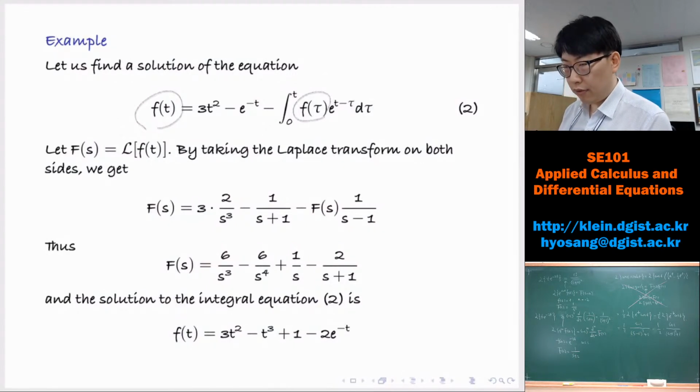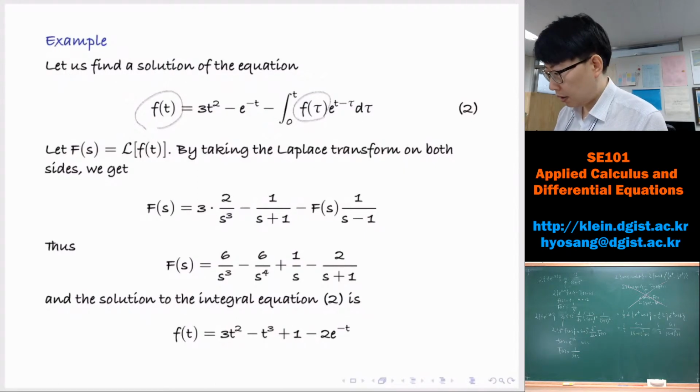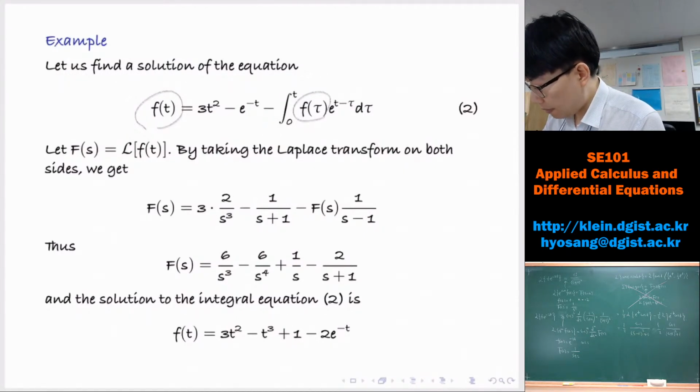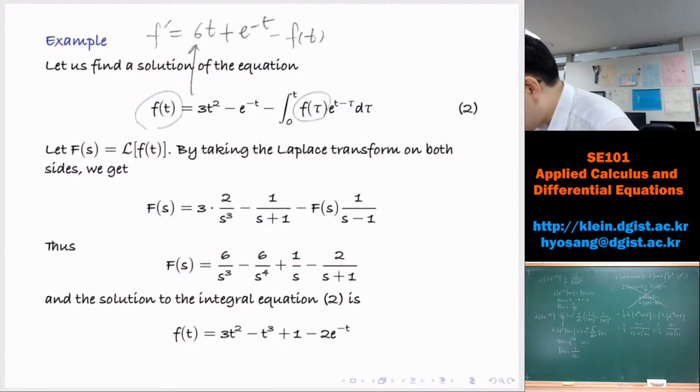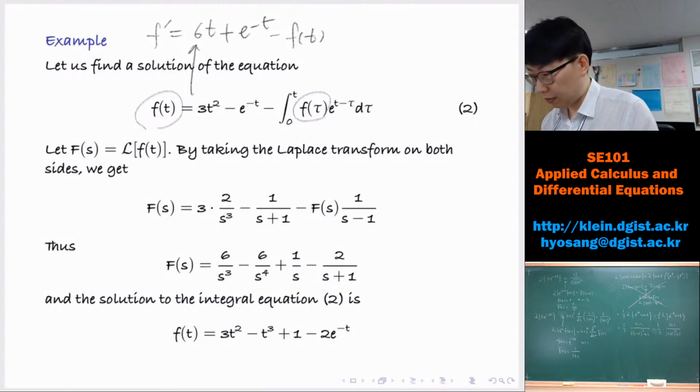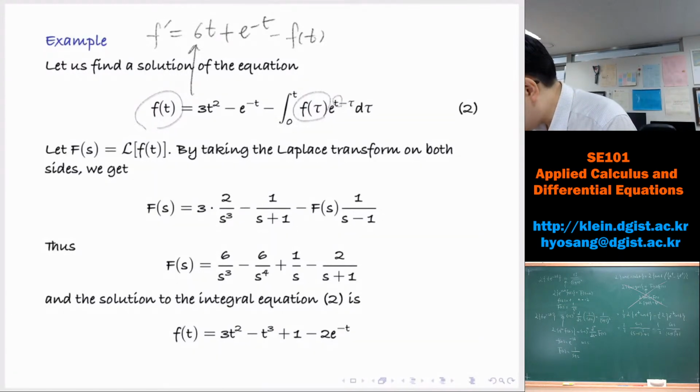Now you can transform this into a differential equation, because if you take a derivative, on the left and right hand side you get f prime equals 6t plus e to the negative t minus f of t. Sorry, I think it's hard to take a derivative of this one, because we have t inside here. All right, you just take out that t.